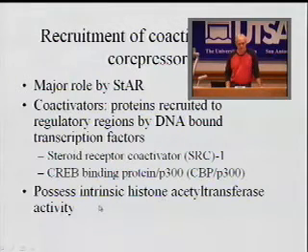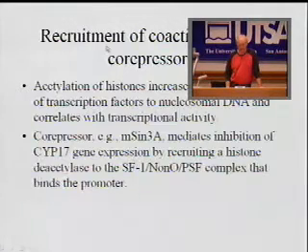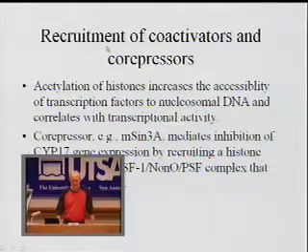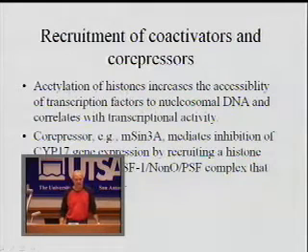So this we have discussed before, and what happens is that intrinsic enzymatic activity brings about the acetylation of histone proteins. We know those are the proteins that help to coil the DNA into the nucleosomes at the basic level.